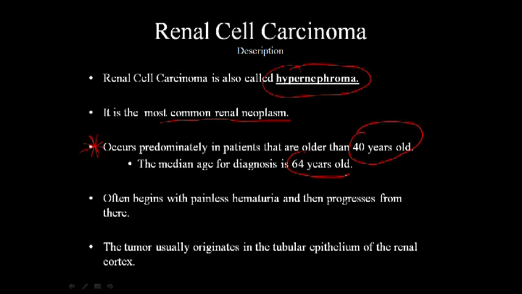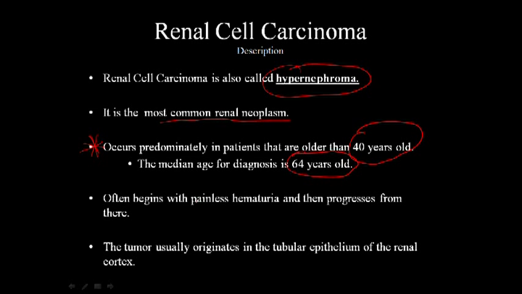The median age for diagnosis is 64, but the thing to keep in mind is that that is the age for diagnosis. It's not the time when you are in stage 1. This is when people find out that they are experiencing problems due to renal cell carcinoma, and so the disease can be very much progressive by that time.